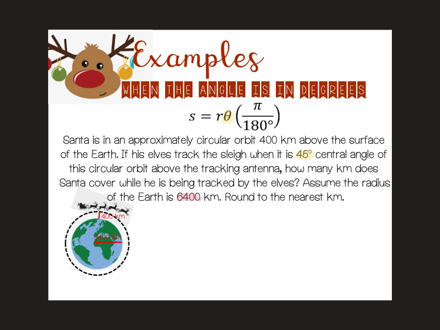But if you look at the picture, it's not just the radius, but he's also this additional 400 away. So your total radius in this problem, you would need to add 400 to that because he's actually 6,800 kilometers away. So this time, this would be our R.